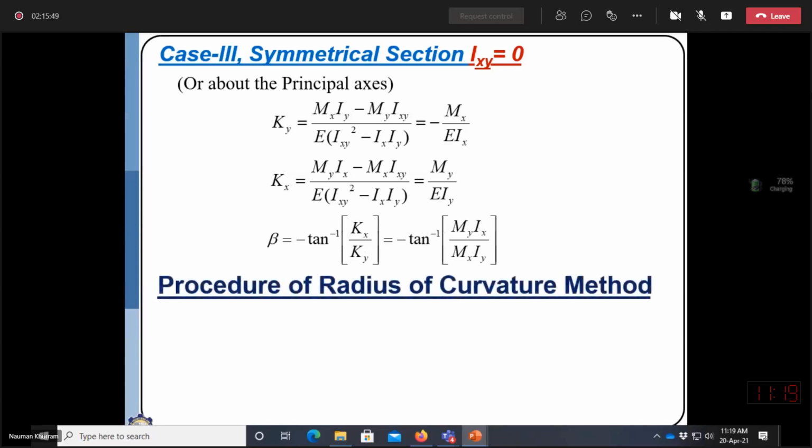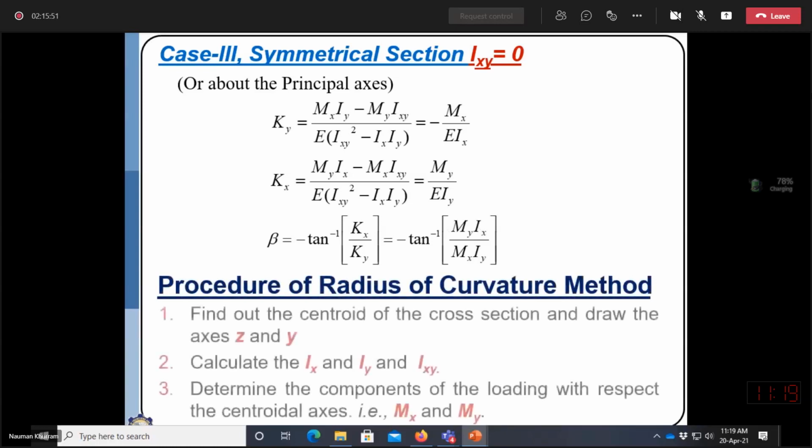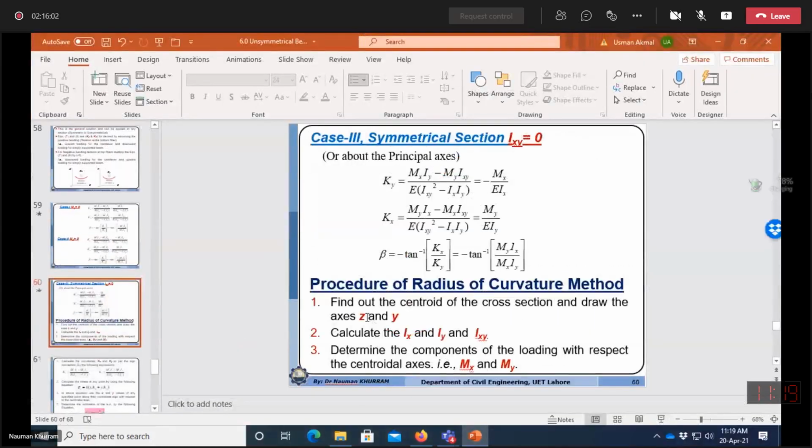So what is the procedure? In the procedure, first of all, we will determine the centroidal location, which will be x bar and y bar.